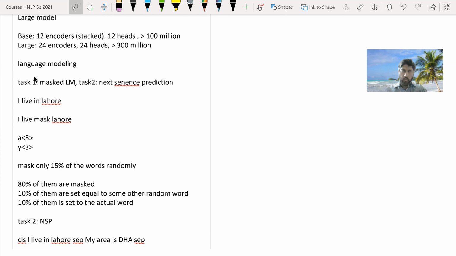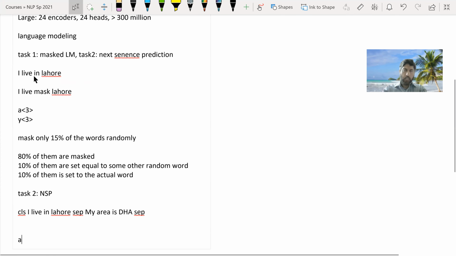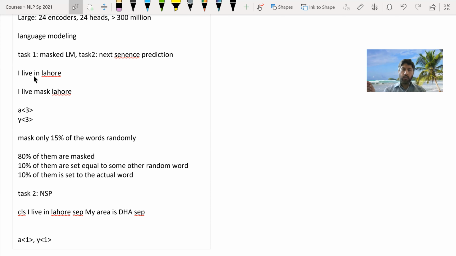And the CLS token है, which in this case is position A1, or A1 का जो भी output है Y1, Y1 would have information from all the other words in this sequence. Because of course attention हो रहा है ना, attention सारों से आ रही है, I से, live से, DHA से, SEP से भी आ रही है, separator token जो है. So all of that attention is fed into this because we have attention from all places. There's no masking here. Okay?